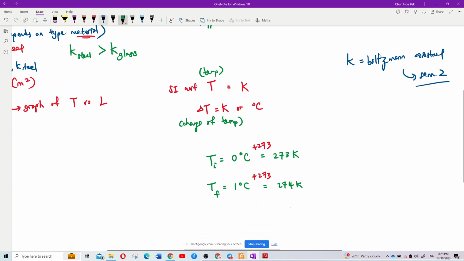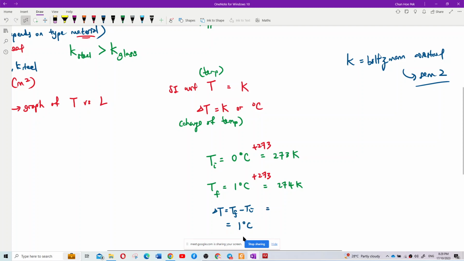Very simple question. We just take final temperature minus initial temperature, right? 1 minus 0 is 1 degree Celsius.